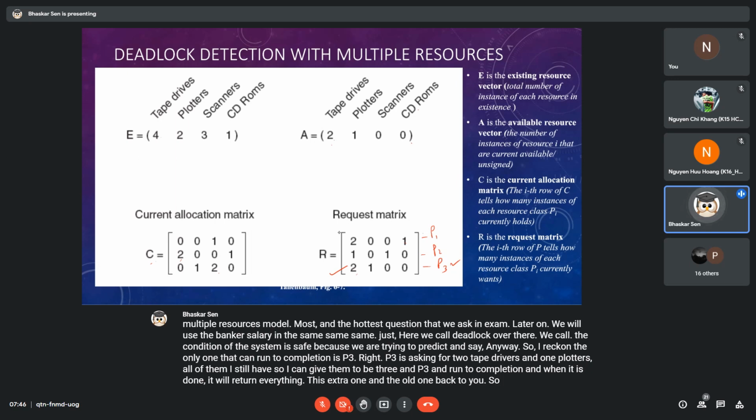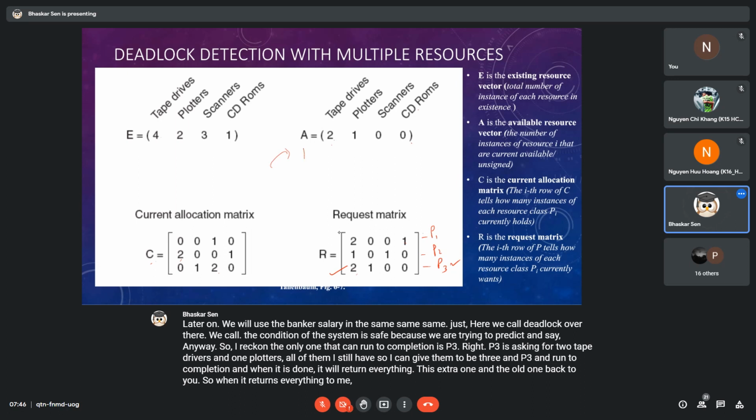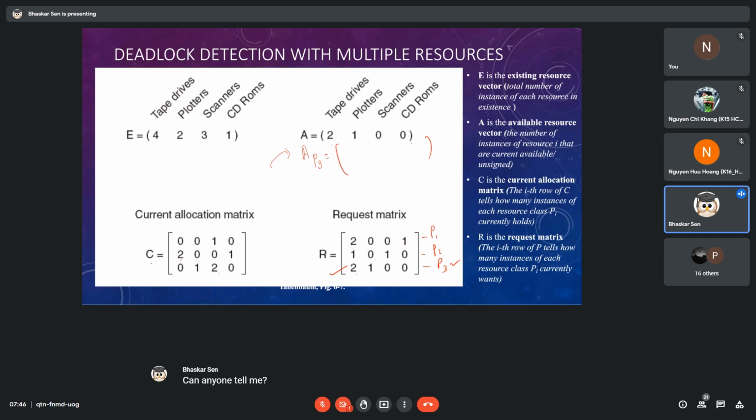So when it returns everything to me, what will be the available vector? Can anyone tell me? Do your calculation and send me a message. You have to. That is what you are supposed to do. What will be the available vector when P3 runs to completion?